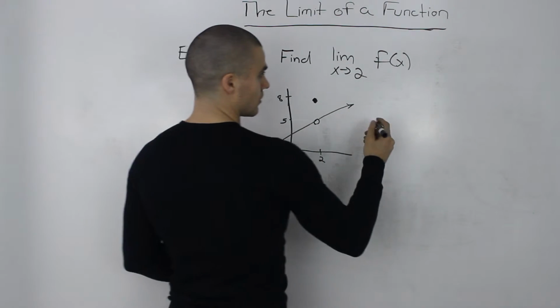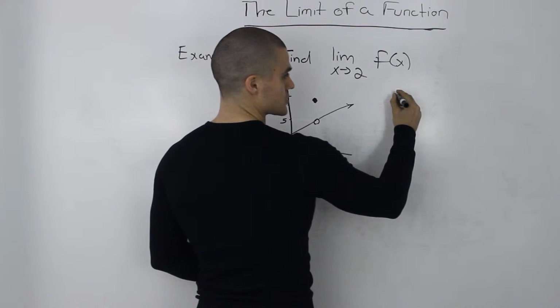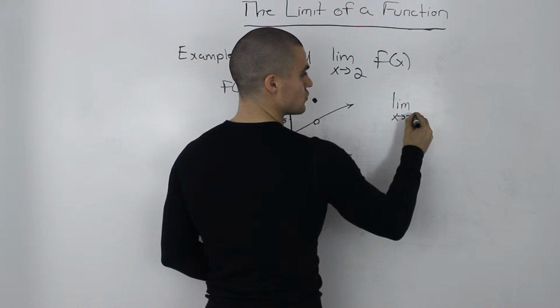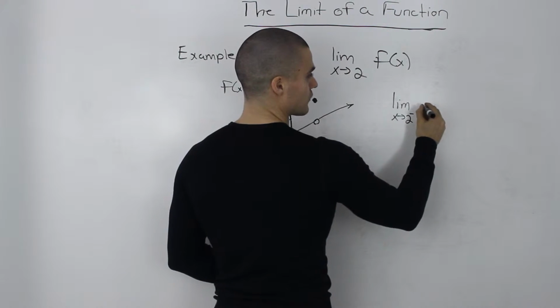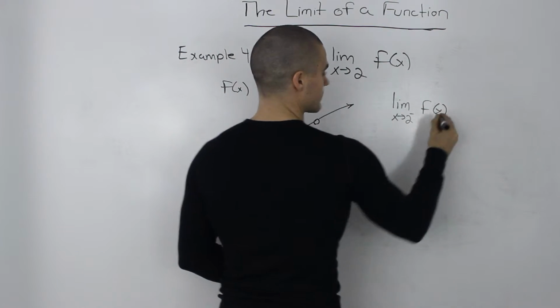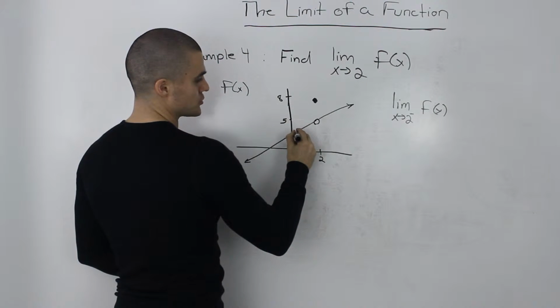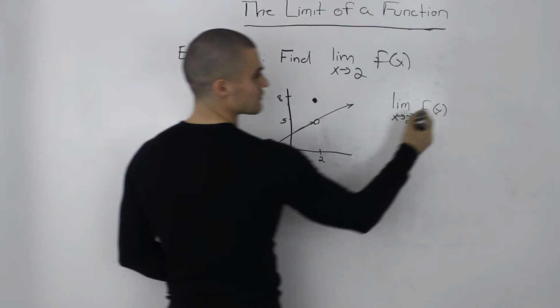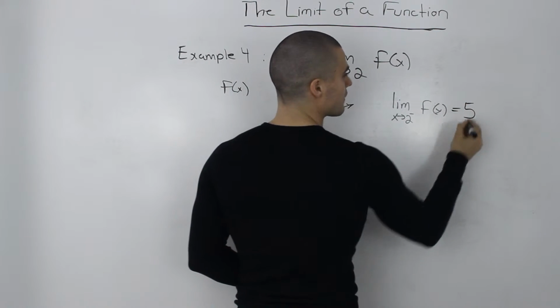Well, to find the limit we've got to find first the one-sided limits. So what's the limit as x approaches 2 from the negative side, or from the left side, of f of x? Well, as x is approaching 2, the y value is approaching 5. So it's equal to 5.